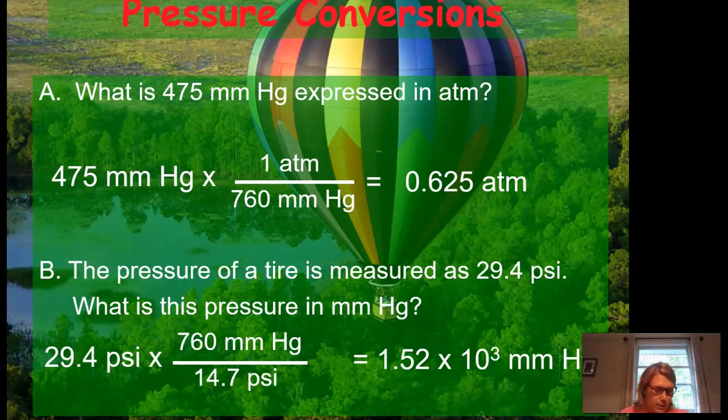So you're going to take 29.4, divide by 14.7, times 760. If you get 1,520 in your calculator, it's the same as 1.52 times 10 to the third. Okay?